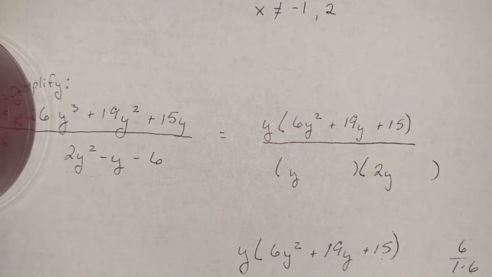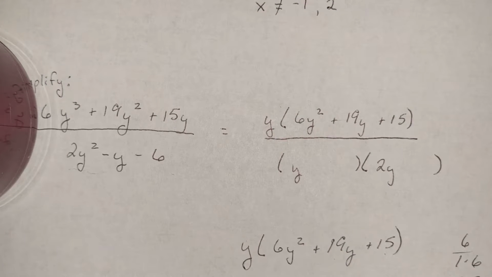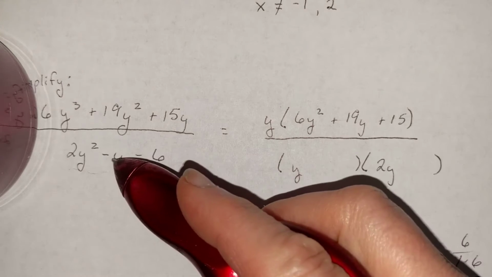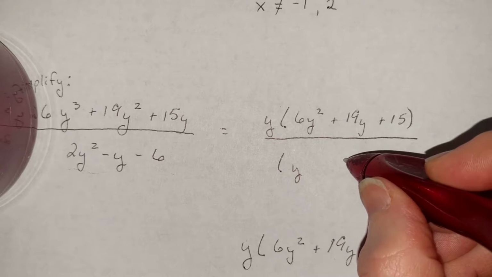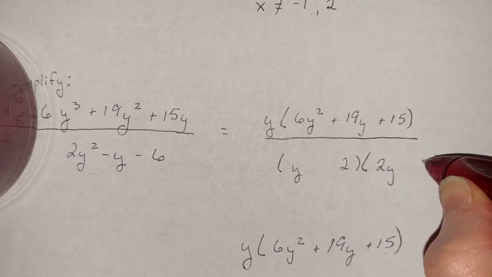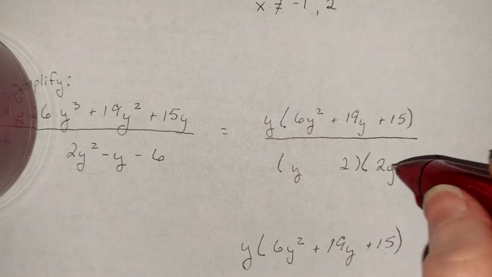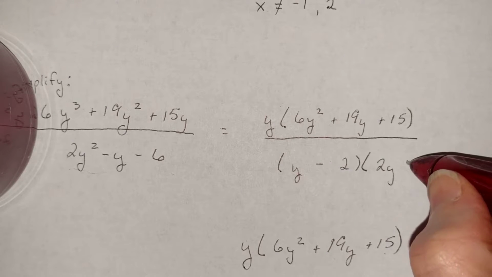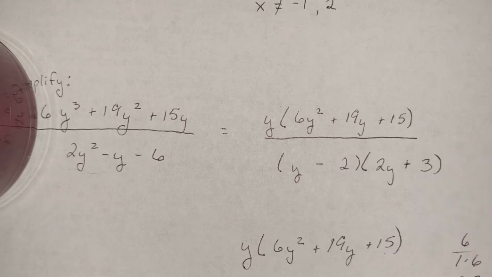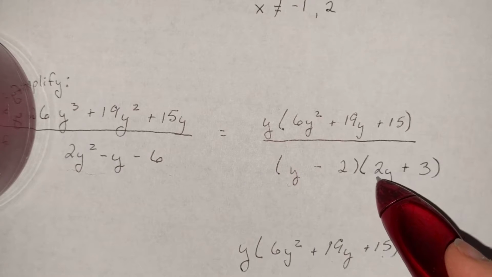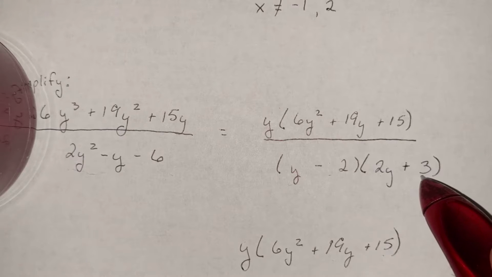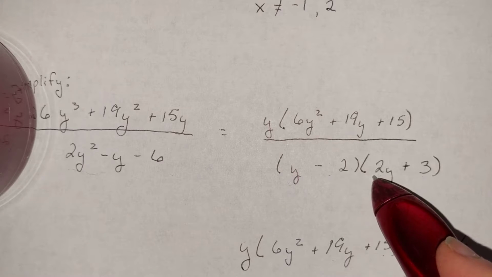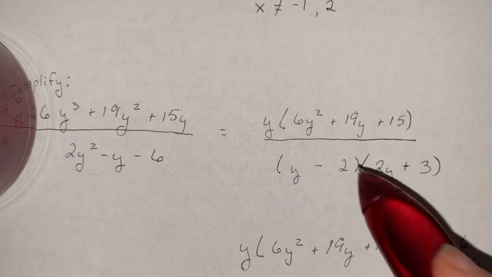I need a difference between my pairs of factors of 1, negative 1. So I'm going to have 2 times 2 and 1 times 3. 2 times 2 is negative, 1 times 3 is positive. So this gives me 2y squared plus 3y minus 4y is negative 1y minus 6.